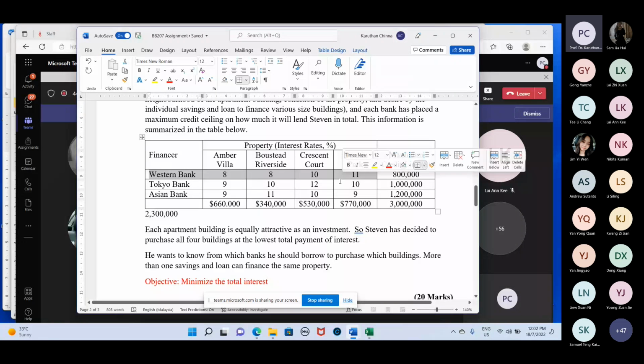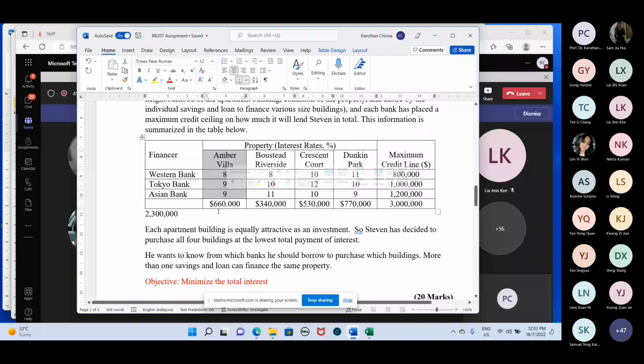Because so many other things are involved. Not that for one bank the interest is all the same. The same bank for different properties, different interest rates. For the same property, different banks, different interest rates. Now, I want to know which particular one. Supposing I want to buy Amber Villa, where will I go? Amber Villa.